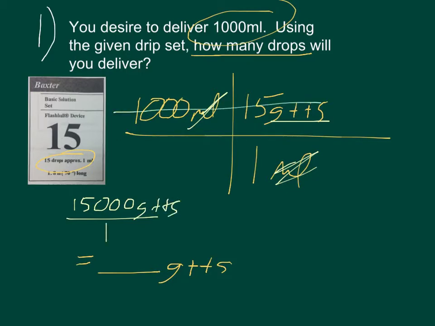That's all I have left, 15,000 over 1. And obviously with math, anything over 1 is a whole number. So my answer is clearly 15,000 drops. I need to drip 15,000 drops in order to get 1,000 milliliters using this drip set.